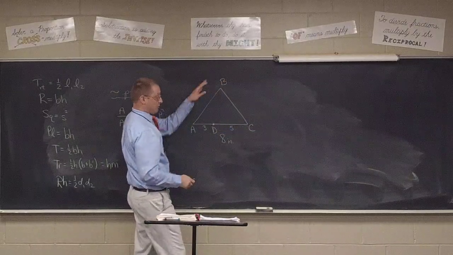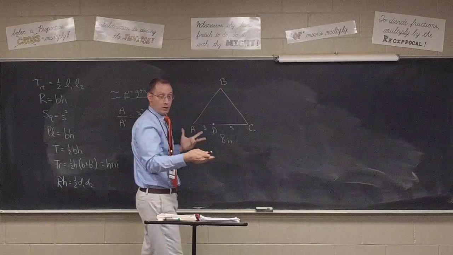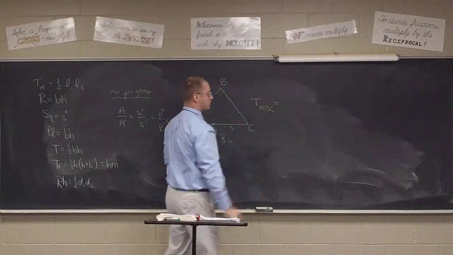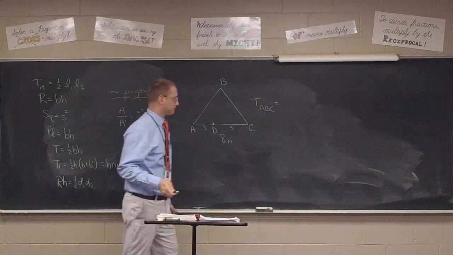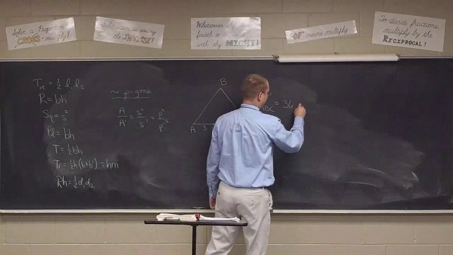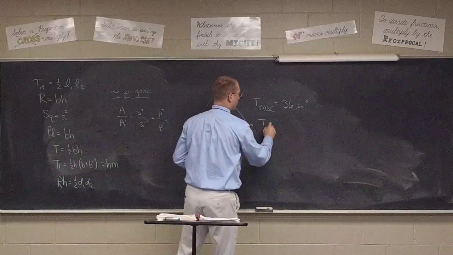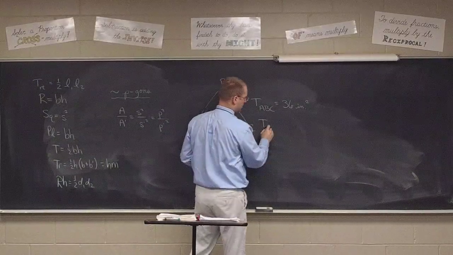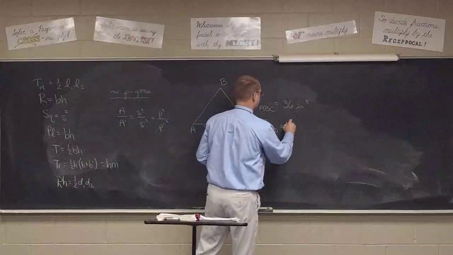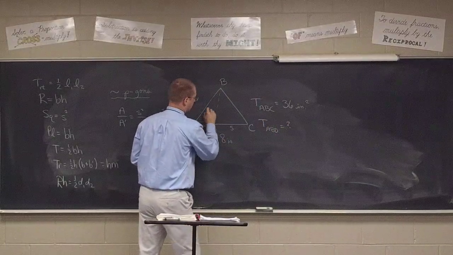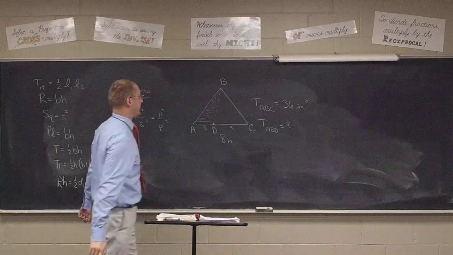It just goes up there somewhere. In fact, it could be an obtuse triangle for all I know. I really don't know much about it. But I know that the whole triangle has what area, Jamie? 36 square inches. And the question is, what would be the area of triangle ABD? That's what we're trying to find.